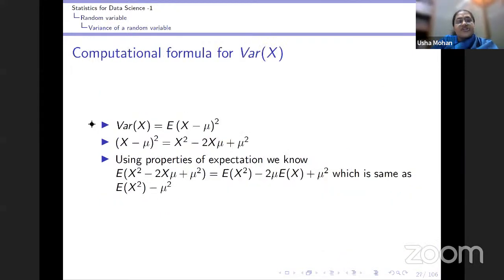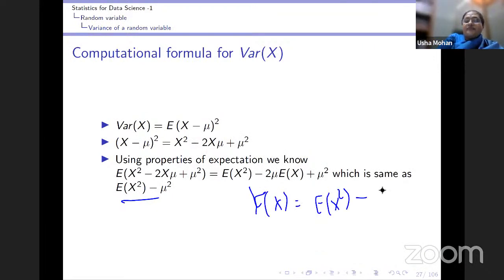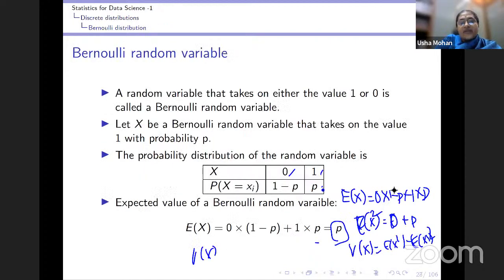This is my computational formula. Here the expectation of X square is P and the expectation of X is also P, so I get P minus P square. The variance of a Bernoulli random variable is P into 1 minus P.